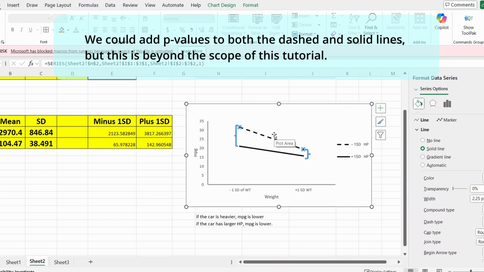But this is a bit beyond the scope of this tutorial. If you really want to know how to test the p-value for the dashed line and the solid line, let me know, and I might make another tutorial regarding how to calculate the p-value for the dashed line and the solid line in this situation.